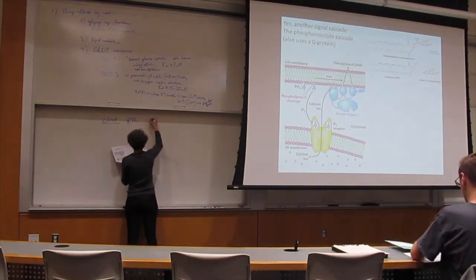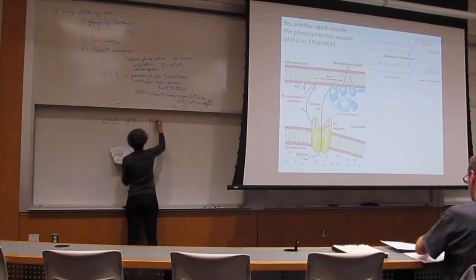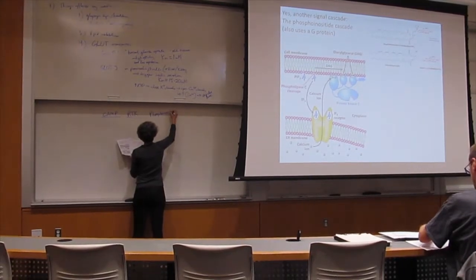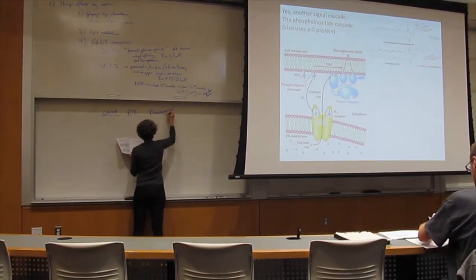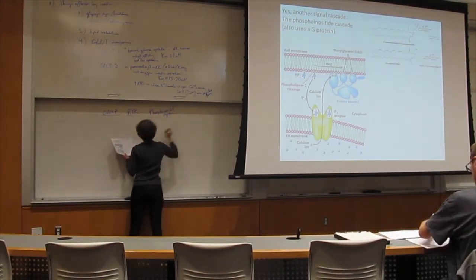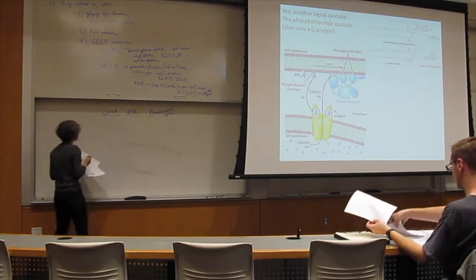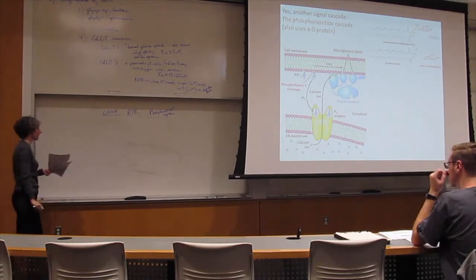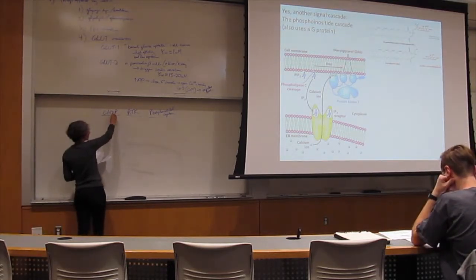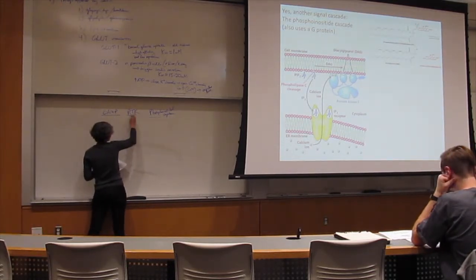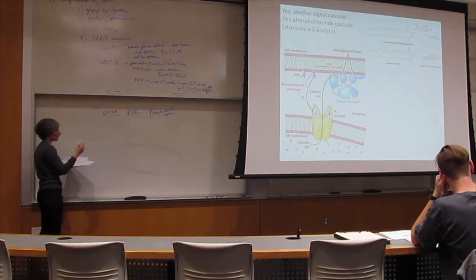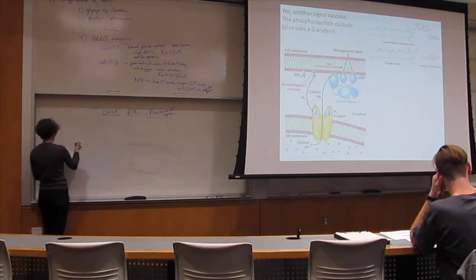And the one we're going to learn about today is the phosphoinositol system. Okay, so the cAMP signaling cascade, this was used by glucagon and epinephrine. The RTK signaling cascade was used by insulin, and this is this new one that we're about to learn about that's going to have to do with how insulin resistance occurs.